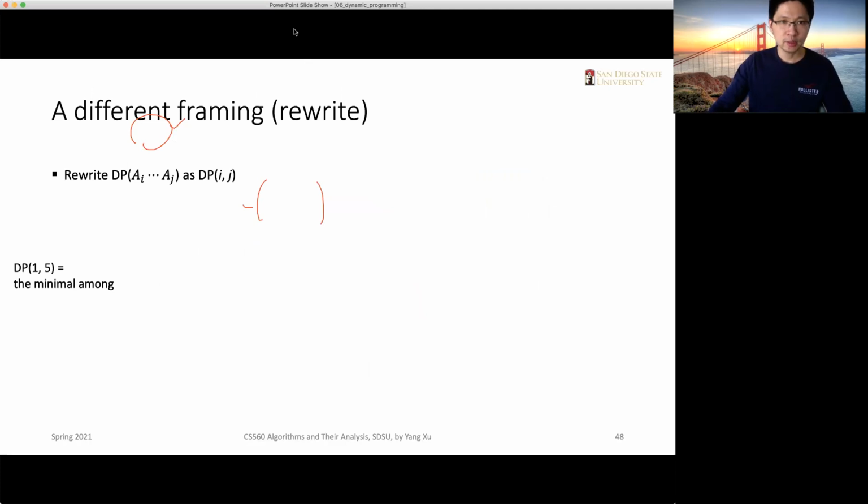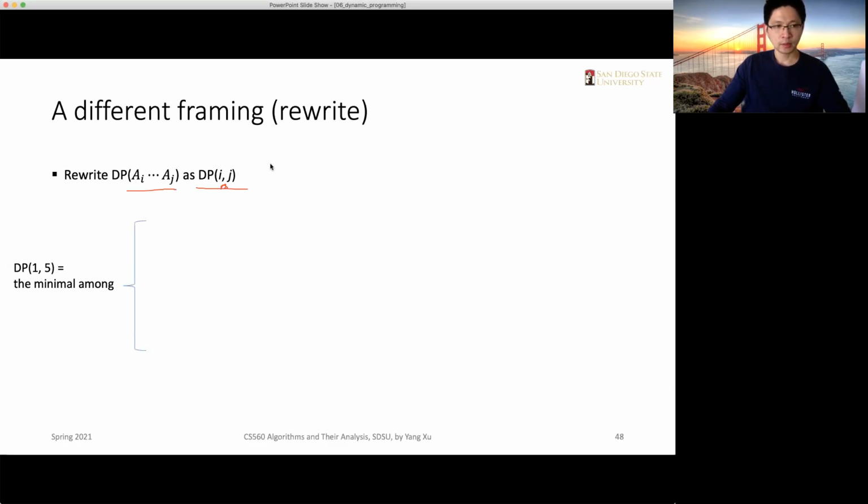So it's actually not necessary to write those A's. We simply need to know the starting point and the ending point. So we can use the starting subscript I and the ending subscript J to indicate where the dp function is applied. We can rewrite the notation from Ai to Aj in this simpler form, which is I, comma, J. What I'm going to show on this slide is basically the same thing as the previous slide, but rewritten in a more compact form.